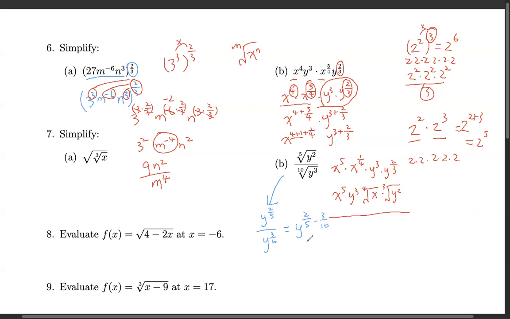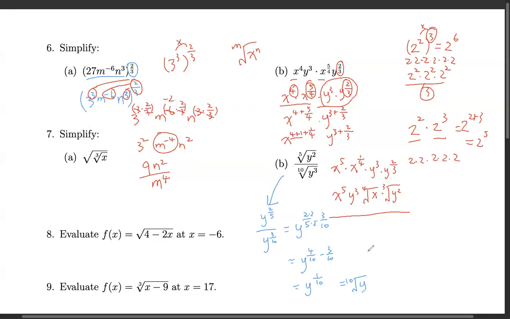So now we need to calculate 2/5 minus 3/10. So we multiply 2/2 for the first one. That becomes y raised by 4/10 minus 3/10. Right, that becomes y raised by 1/10, which is y raised by 1 with 10th root. So the index is 10.